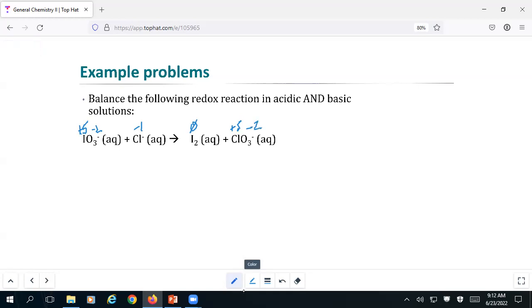So it's pretty easy to see that the iodine went from +5 to 0, so that would be a reduction. And the chlorine went from -1 to +5. So there's our oxidation.